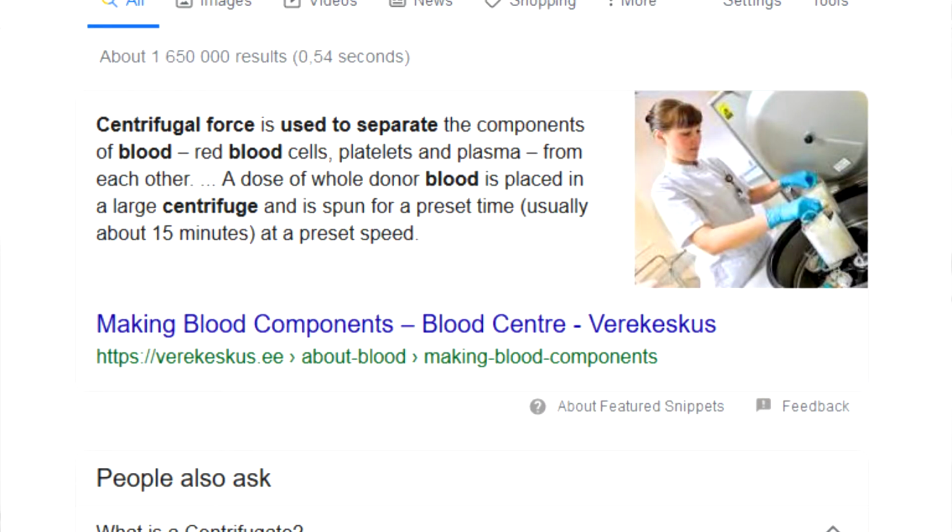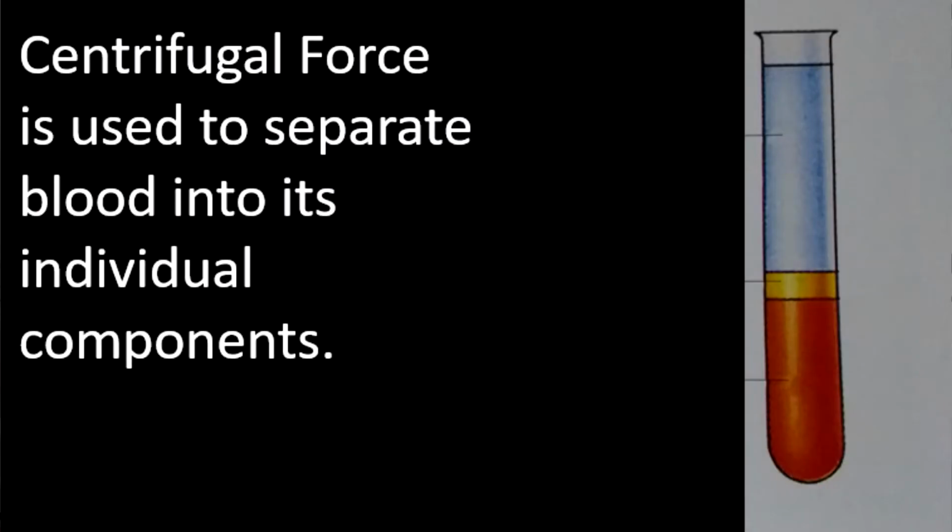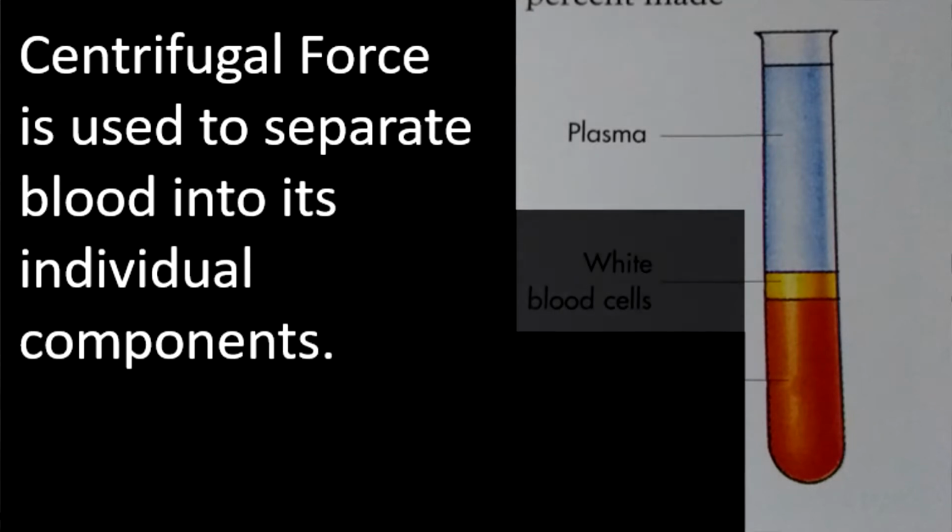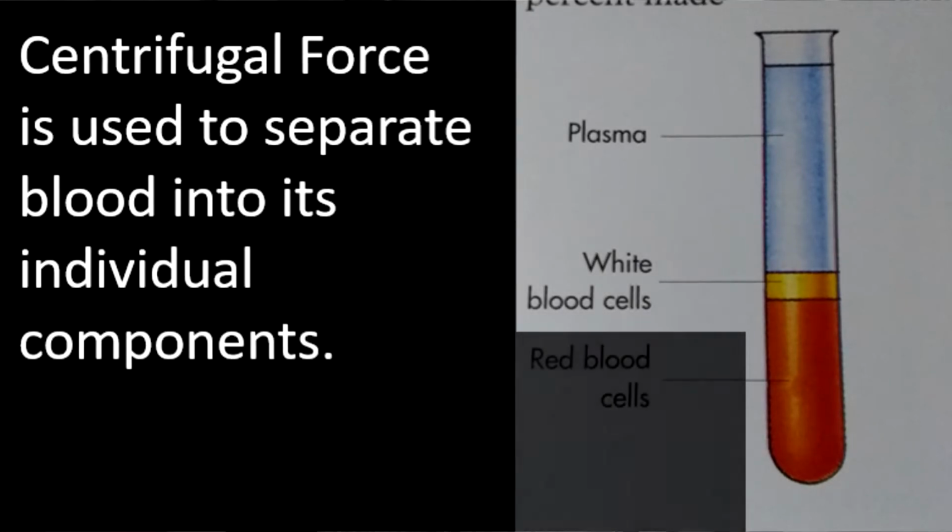And in doing this, the mixture will separate. This is why it's called centrifugal force. It's a whole physics thing. I know this procedure is used to separate blood into its components: blood plasma, white blood cells, and red blood cells.